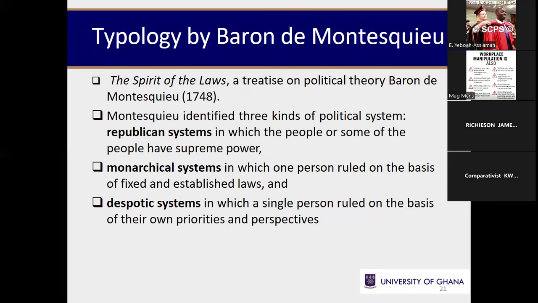So the argument is that even when we became independent in 57, the queen was still the head of state. Most of the things could be done through the assent of the queen. So clearly, even though we were independent, we were not republican in that sense. Many important things would rest on the table of the queen, or if you like, England, for them to assent. But by 1960, we were a republic. The people had the actual power.